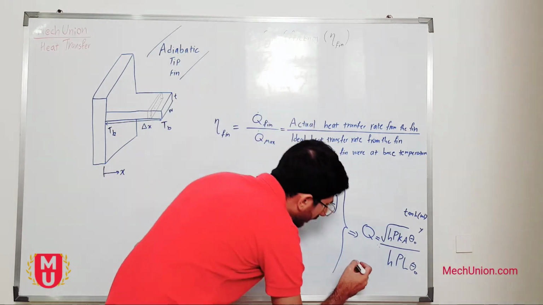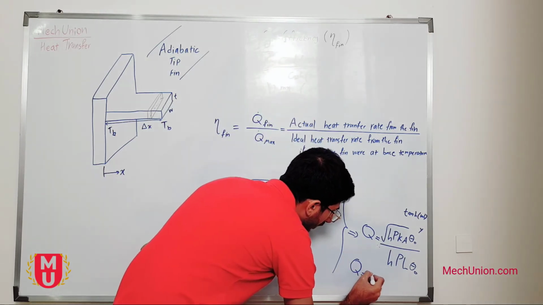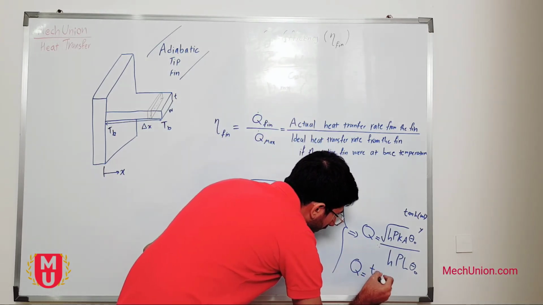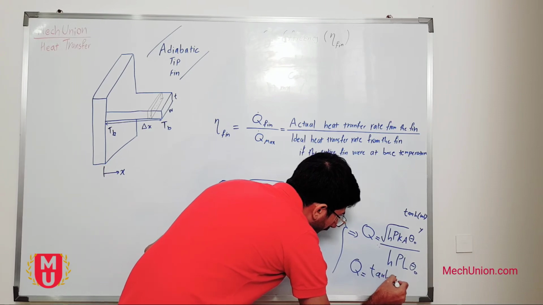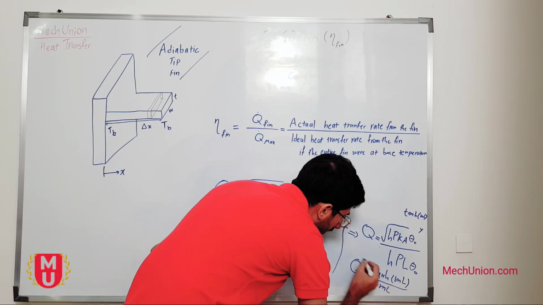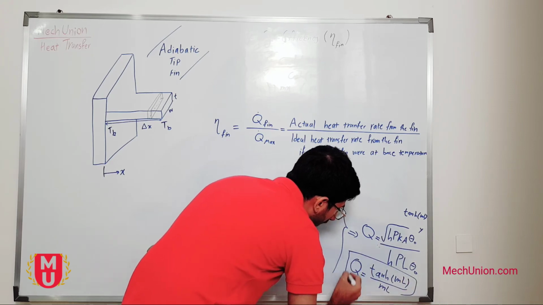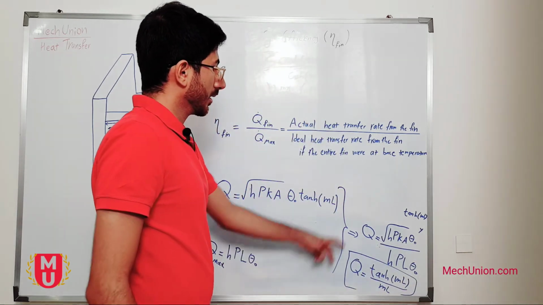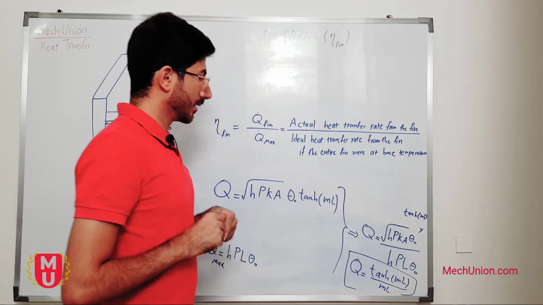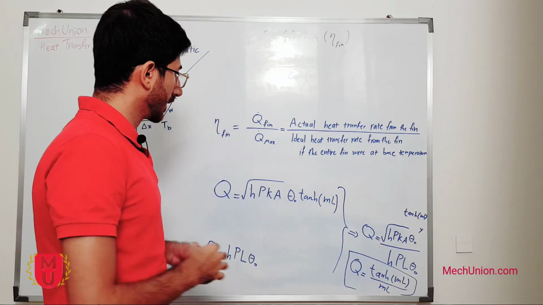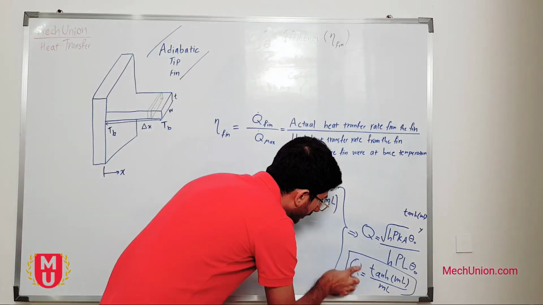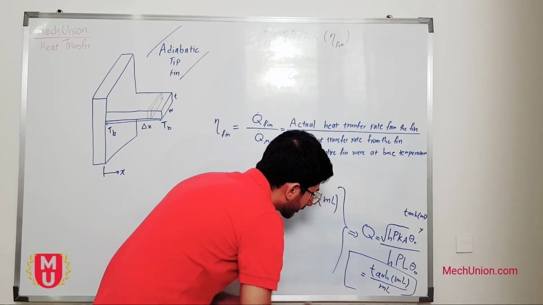The hyperbolic tangent of mL over mL will be simplified and make this formula. This will be our eta of fin.